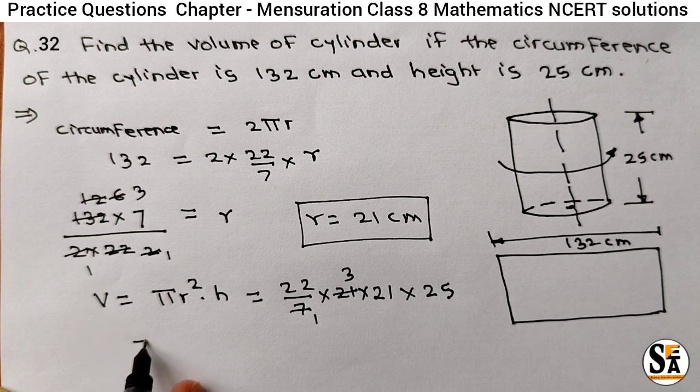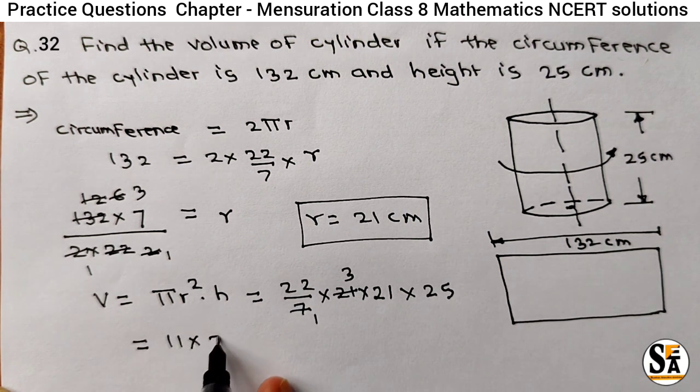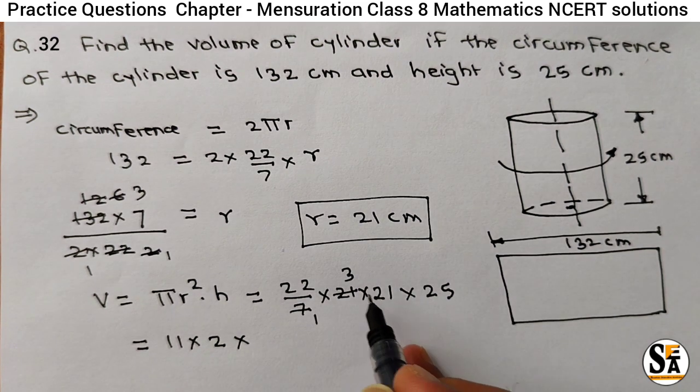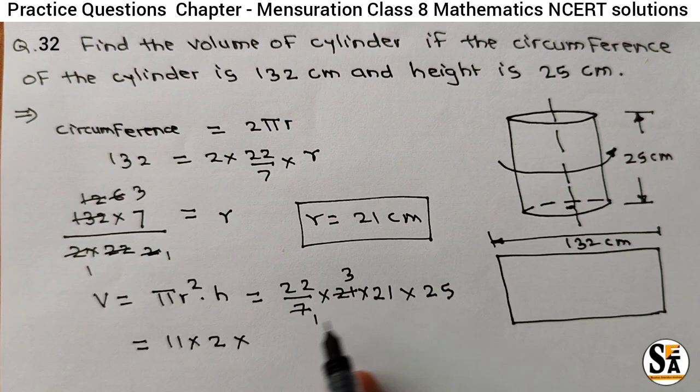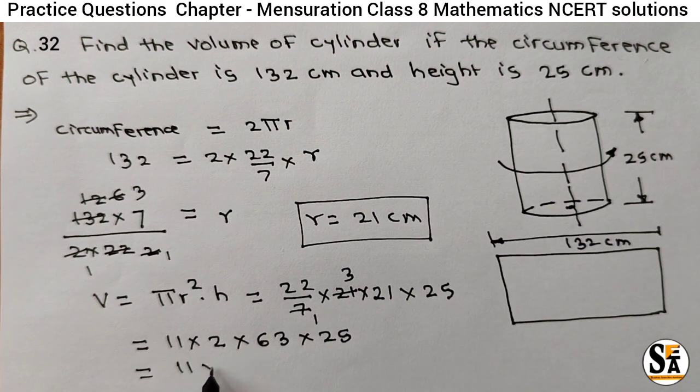Now in the next step, again split this 21 as 11 into 2 for better calculation. Then in the next step, multiply 3 and 21, that is 63, into 25 as it is. In the next step, this 11 into 2 as it is, then multiply 25 into 63, you will get here 1575.